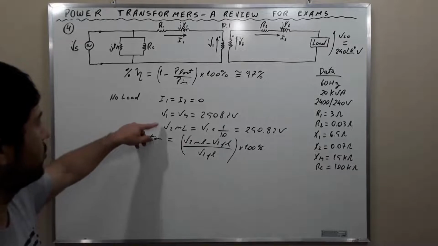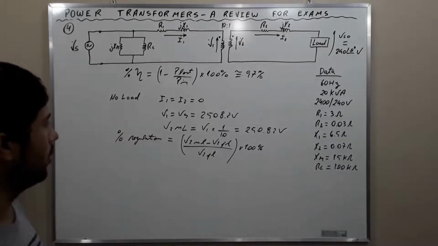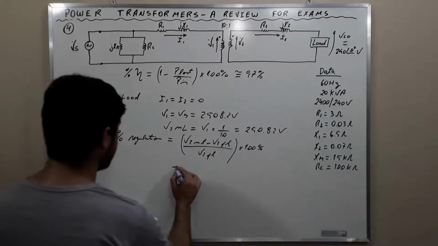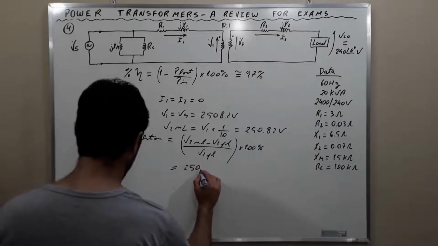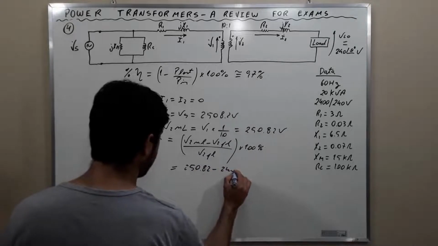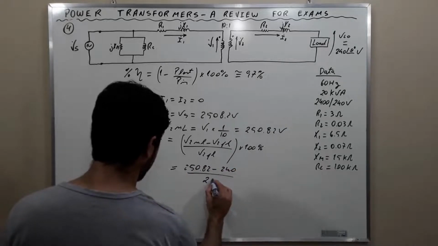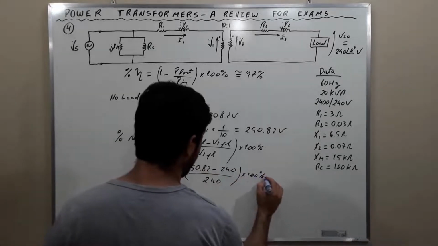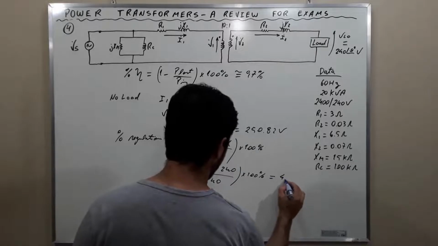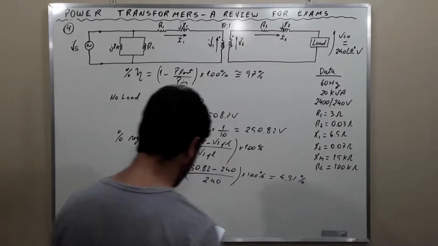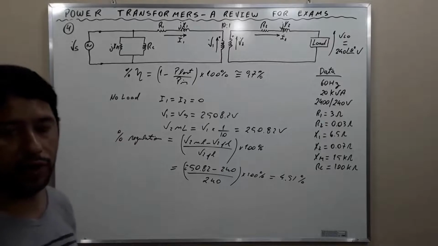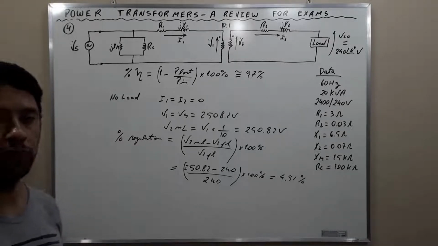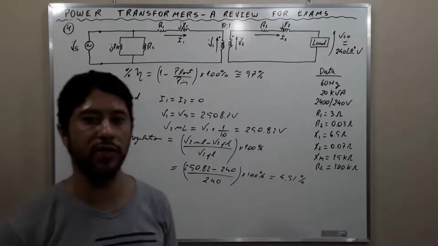Simply using these values here, it is 250.82 minus 240 divided by 240 times 100%, and this is 4.51%, okay? This is the percentage regulation of this transformer, and it is all for exercise 4. Let's continue and go to exercise 5.